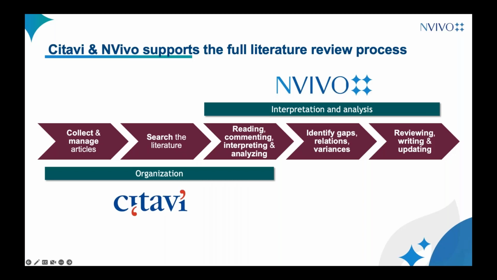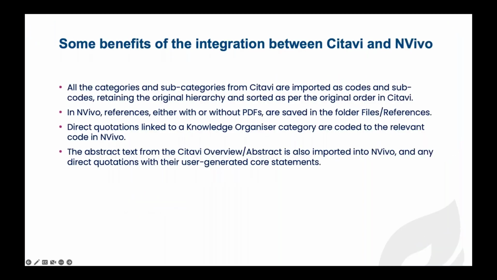So from here, you can go a step further in your literature review. With all the visualizations and the codes that you have in NVivo, you can start to identify gaps, you can start to look for patterns, and then in the end, both can be used for a sound report.